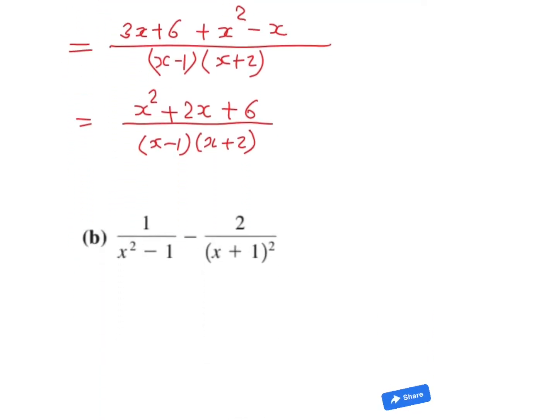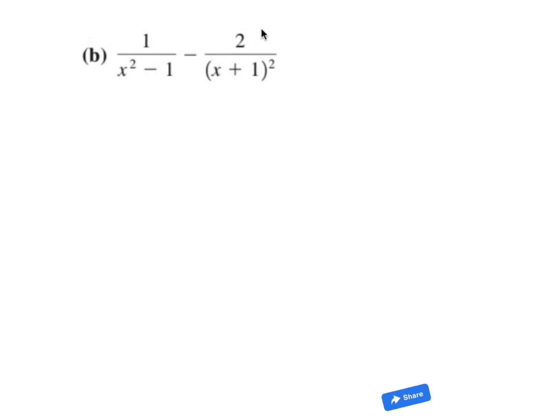Okay, here first we factorize x square minus 1. So 1 we can write as 1 square, so it looks like a difference of squares. So we can apply the difference of squares formula: x minus 1 times x plus 1.